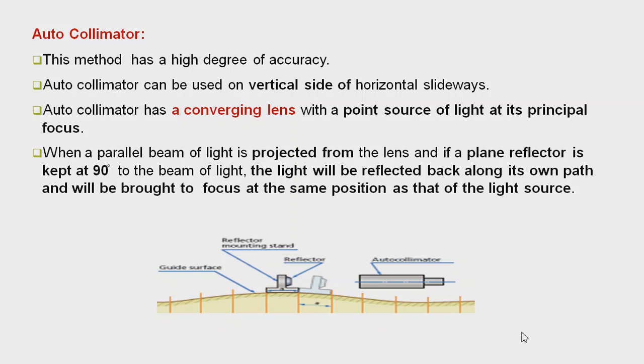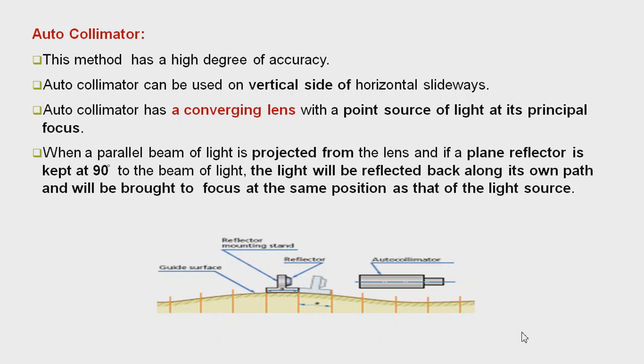When a parallel beam of light is projected from this lens, and if a plane reflector is kept at 90 degree to the beam of light, the light will be reflected back along its own path and will be brought to focus at the same position as that of the light source. Means you will be getting the image at the same position where the object is placed.